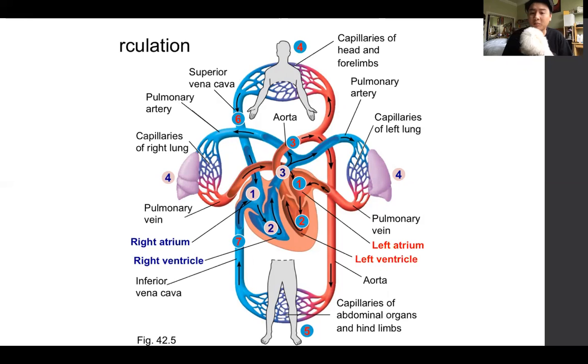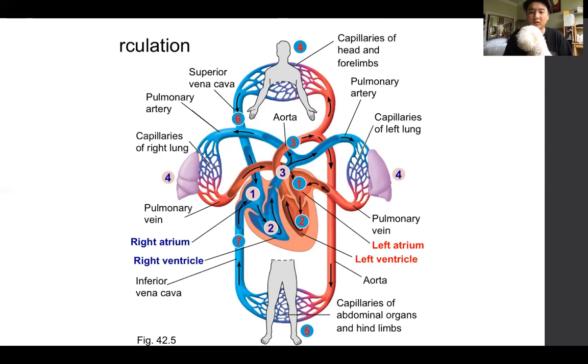A few things that can help is to just breathe in. So you want to breathe in, and think about what's happening in your body. As I breathe in, blood is going to flow from my heart into the pulmonary artery, because pulmonary means lung, and artery means taking blood away from the heart. It's going to go into my lung capillaries and pick up oxygen.